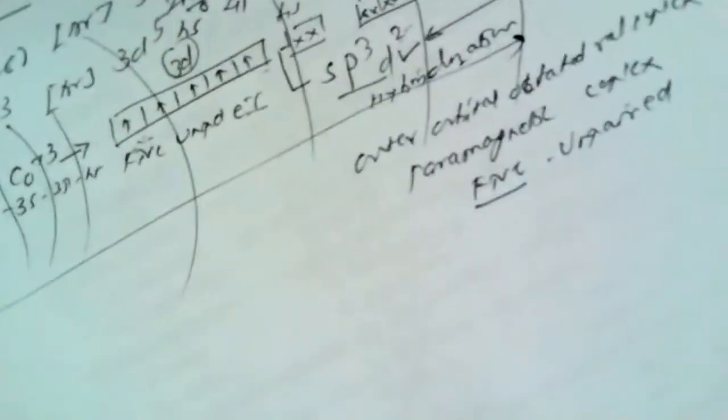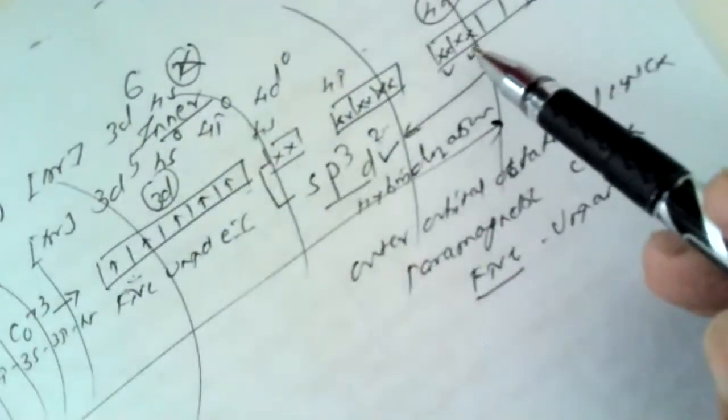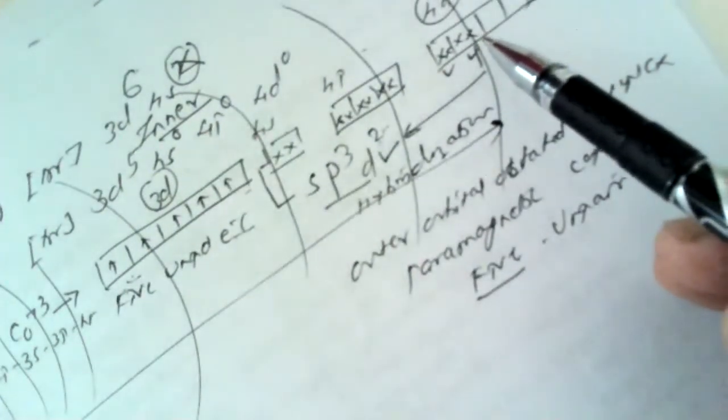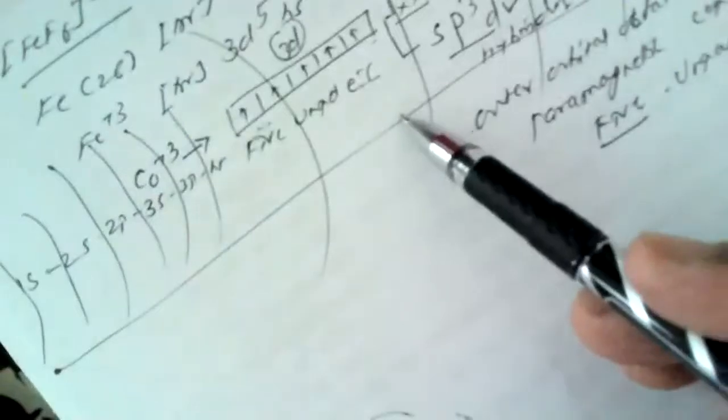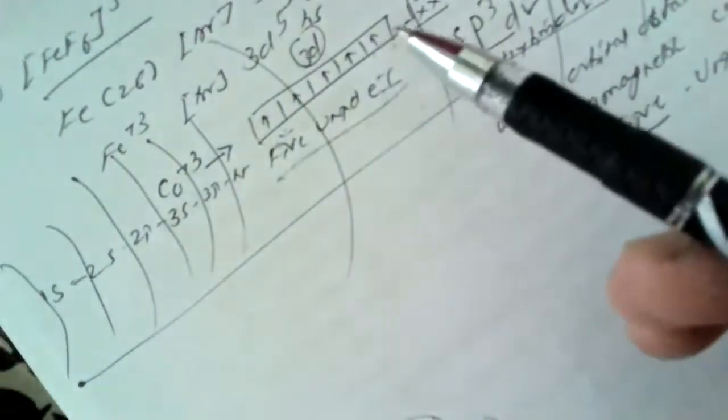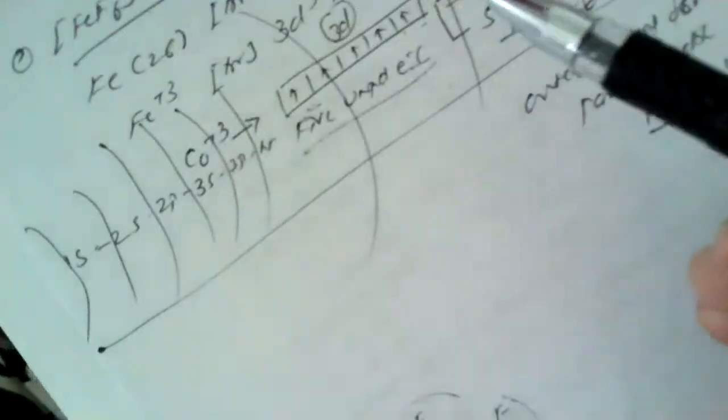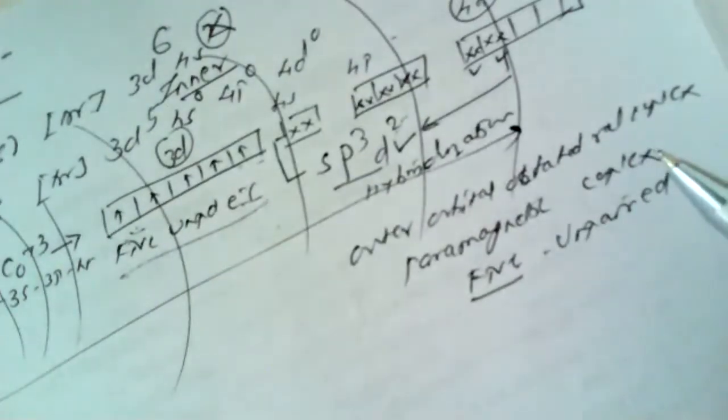But the case is not true for the outer orbital complex, which is formed on account of the use of outer d orbitals for hybridization. Here, under the influence of a weak ligand field, these electrons prefer to remain unpaired, and because of this the complex thus formed is paramagnetic in nature.